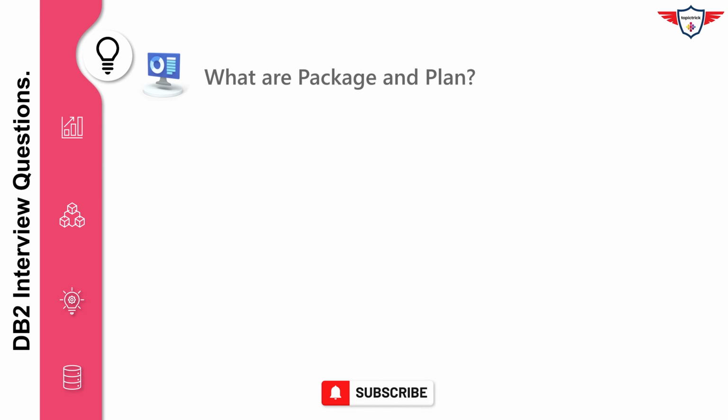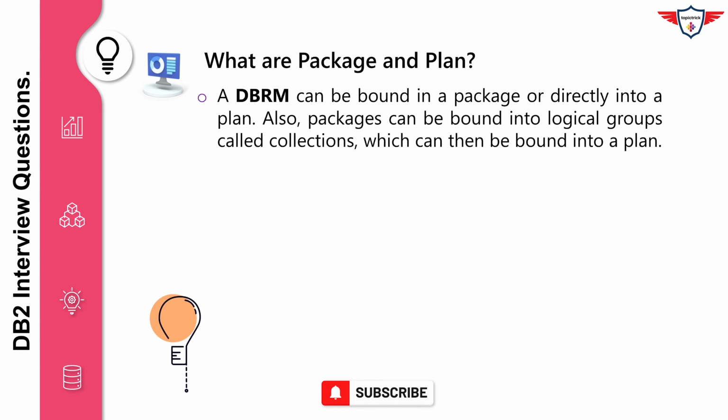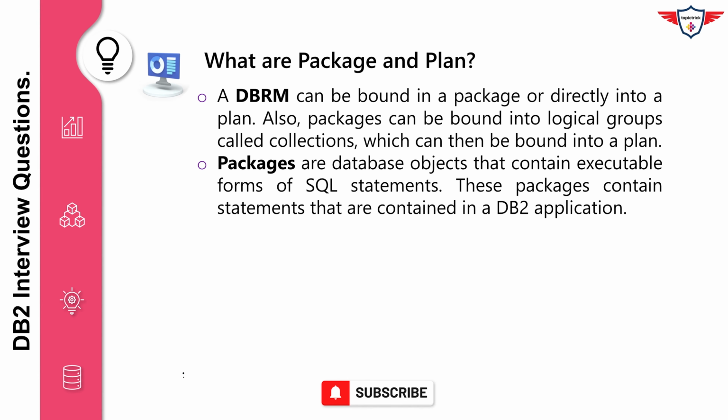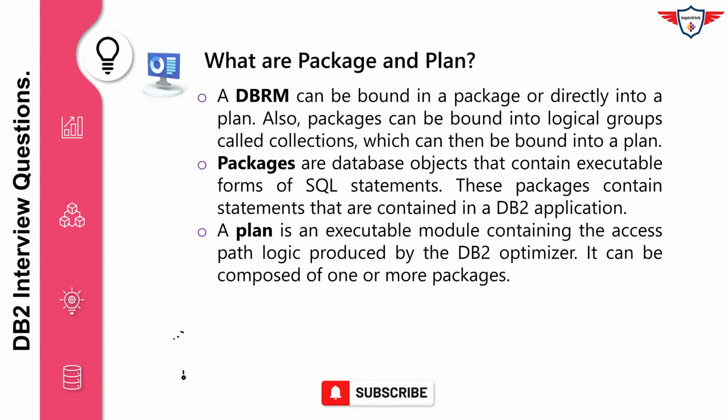What are package and plan in DB2? A DBRM can be bound in a package or directly into a plan. Also, packages can be bound into logical groups called collections, which can then be bound into a plan. Packages are database objects that contain executable forms of SQL statements.